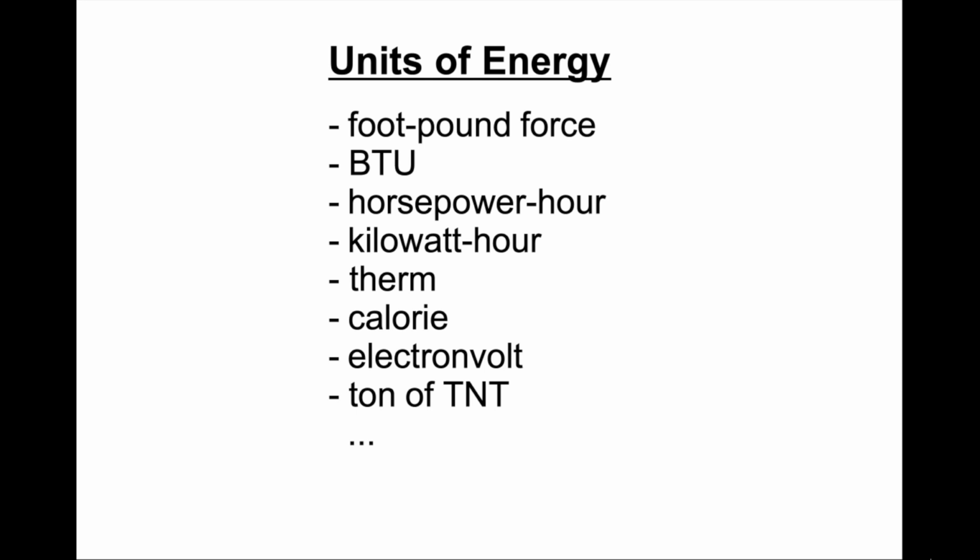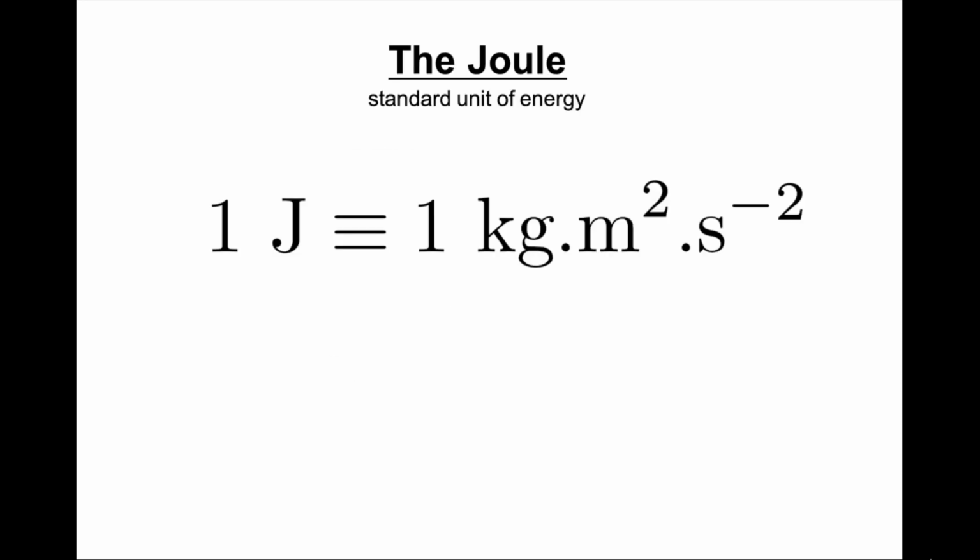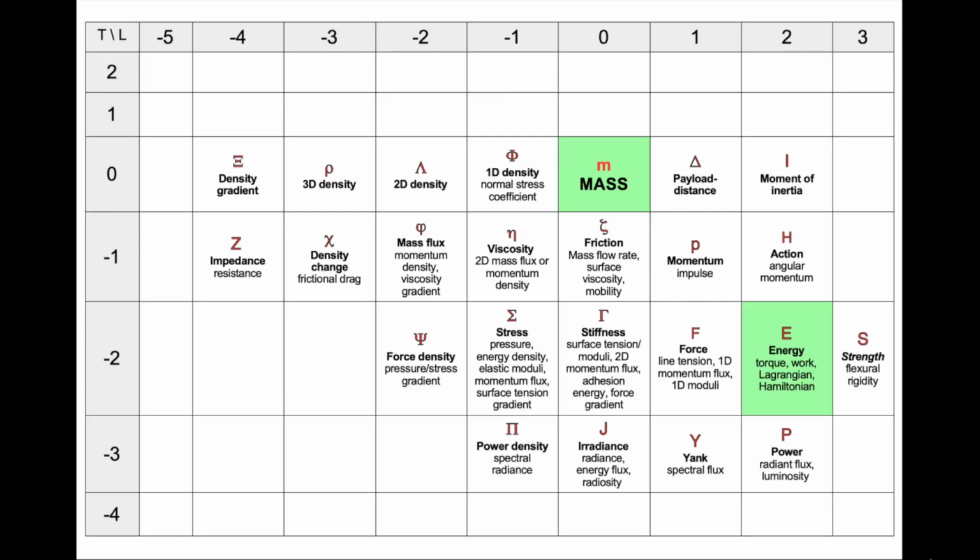The standard unit of energy is the joule, which is better suited to our purpose here. Indeed, 1 joule is defined as 1 kilogram meter square per second square, which makes perfect sense if we recall the relative position of mass and energy in the table. We can go from mass to energy by multiplying twice by a distance and dividing twice by a time.